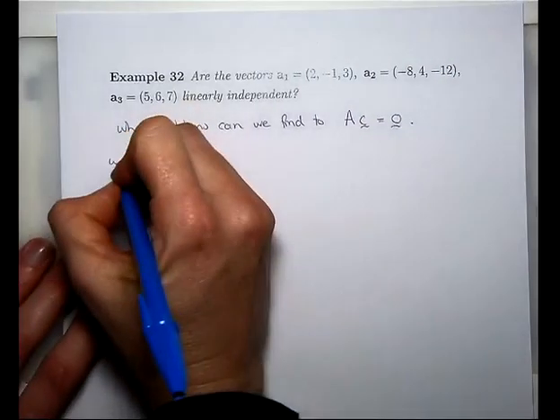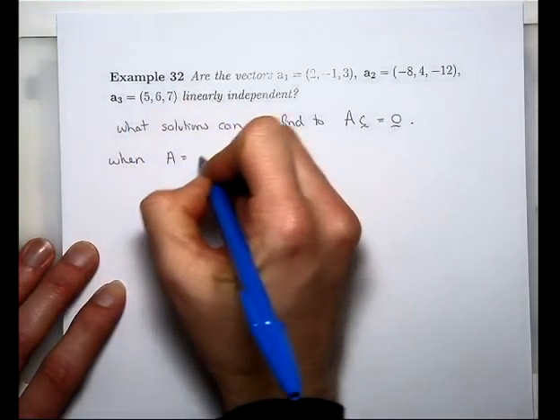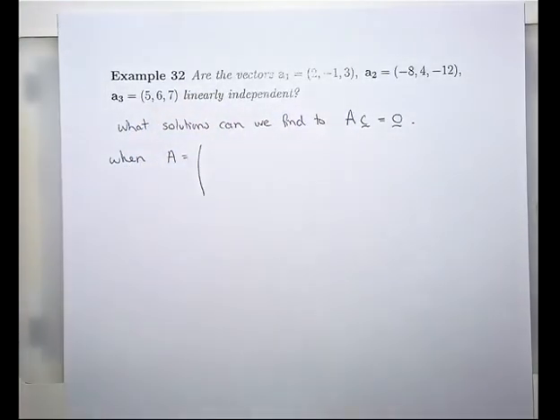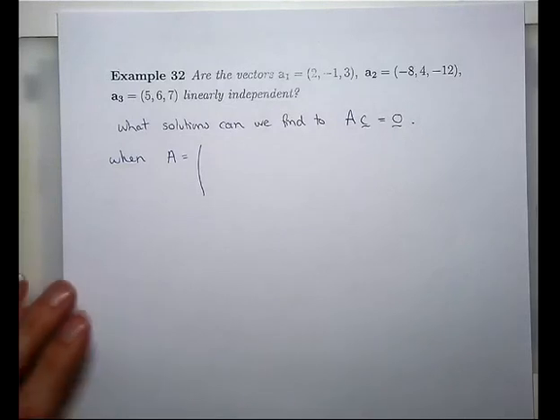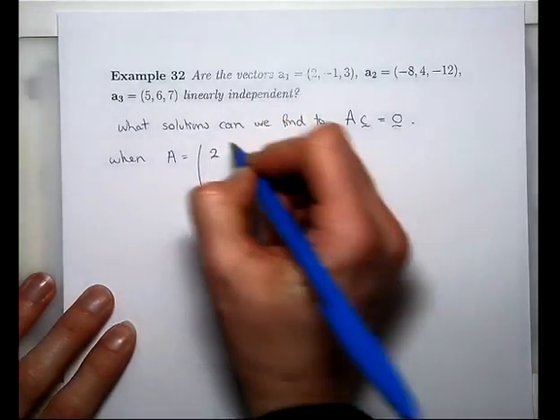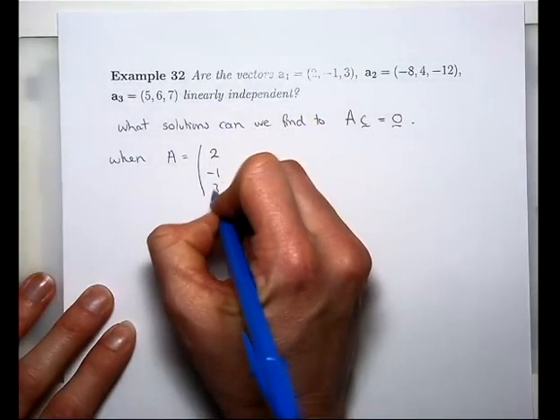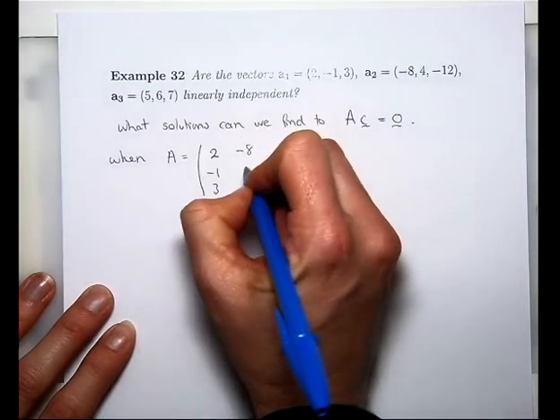And we better say what A is. A is equal to, and I'm going to put them in as the columns, and you put them in as the columns because they're column vectors, and when you write the linear system of equations out, they turn into columns. So 2, minus 1, 3.